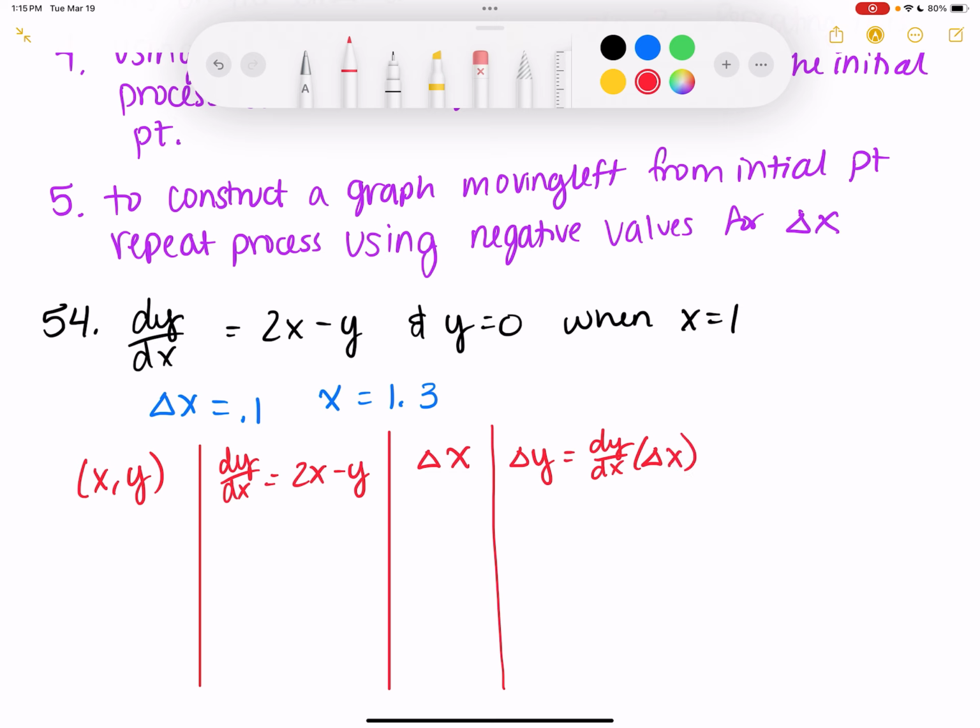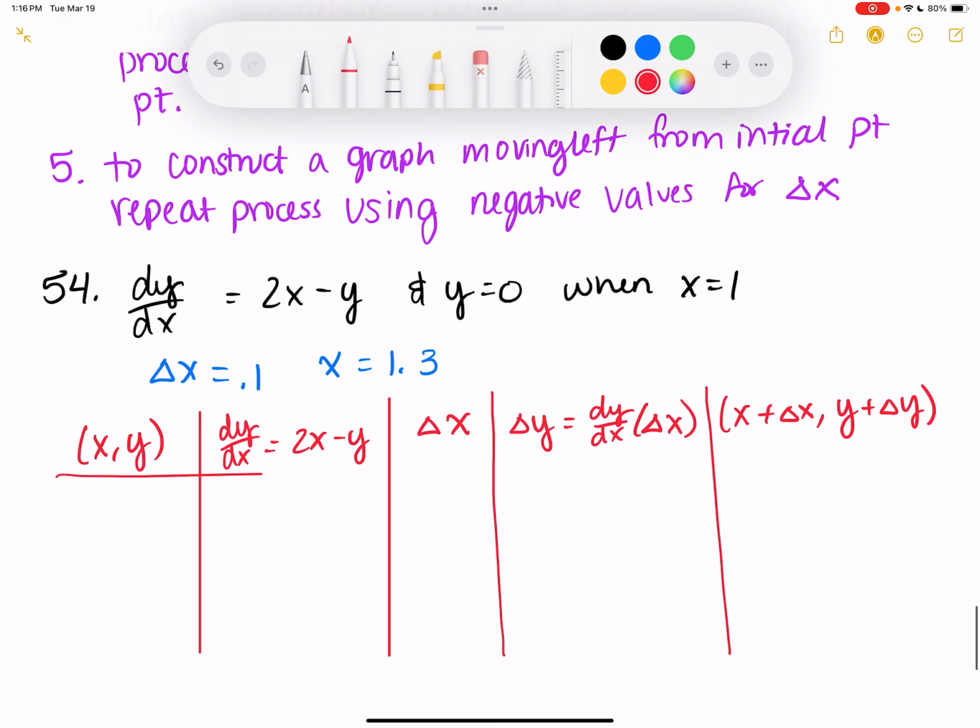So we take the dy/dx value that we get in this column and multiply it by the delta x here to get this one. And then the final column, we do x plus delta x and y plus delta y to get our new x, y pairs. And the y plus delta y of the final one, when x is 1.3, will give us the answer that we're looking for.